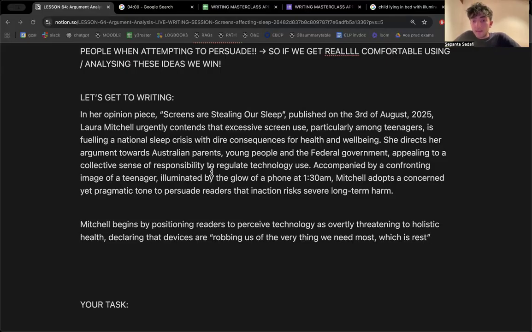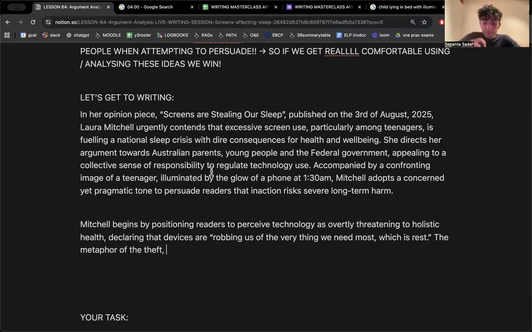Now, the metaphor of this theft of our juice, our petrol in life, which is sleep as humans, what does it do? Instills fear, right? And casts technology as a harmful intruder in daily life, okay?